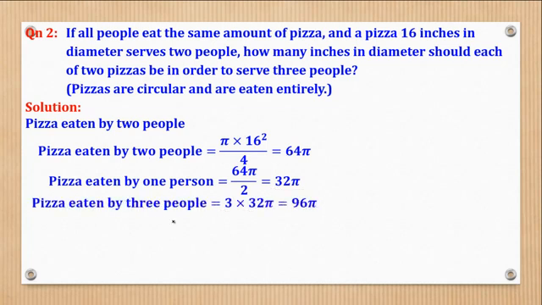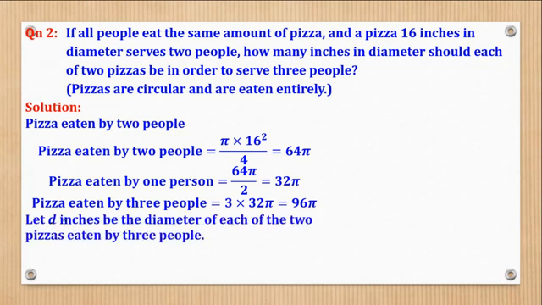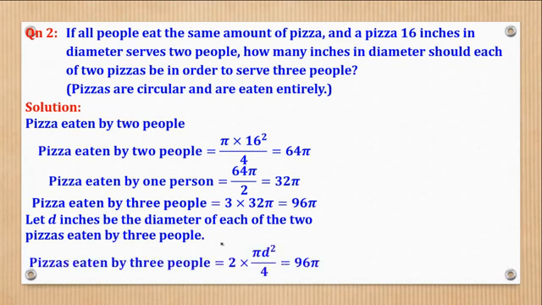Then pizza eaten by 3 people, we multiply this by 3 to give you 96 pi. Then we shall let d inches be the diameter of each of the 2 pizzas eaten by the 3 people. Therefore, the area of those 2 pizzas will be this, because there are 2 pizzas, this is the area for each pizza. And the total area must be equal to this, which is eaten by 3 people.